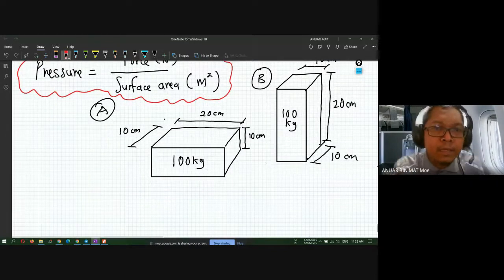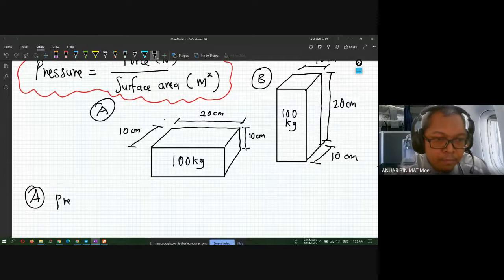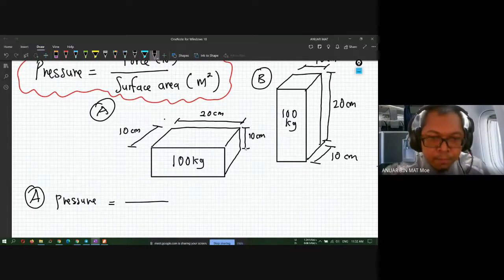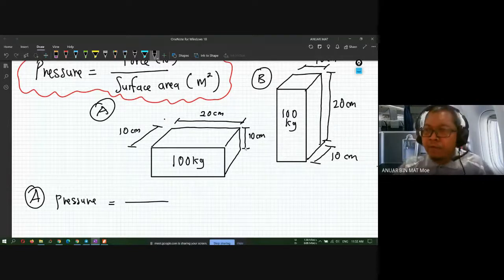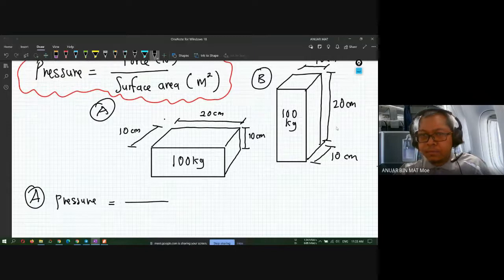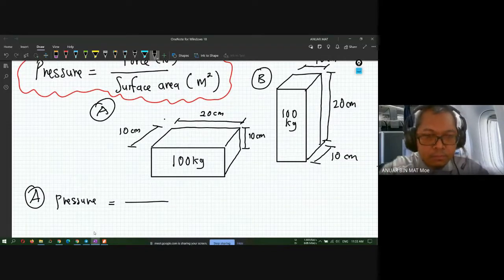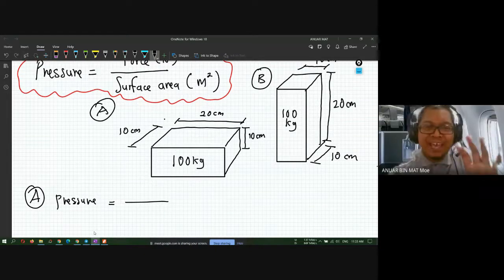Pressure in A equals what force? Force in Newton.